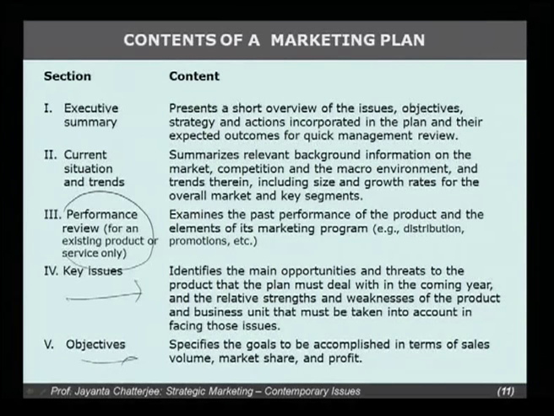So, the executive summary, the current situation analysis, and the performance review of what has happened in the past for products that you have launched or products that have been there, and the strategies that you had proposed in the previous plan. From that you derive the key issues and the current objectives.